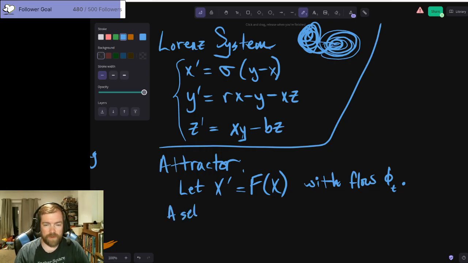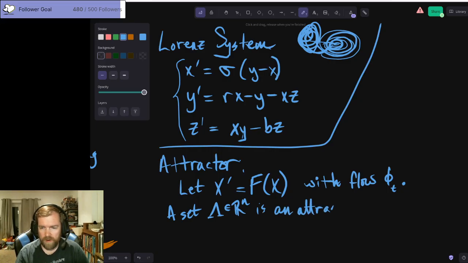So a set of points, a set of individual points, which is going to be lambda, which belongs to our real n-dimensional system, is an attractor if the following are true.